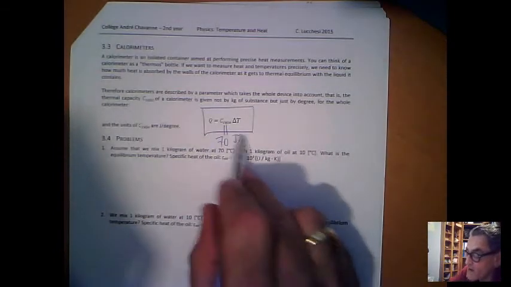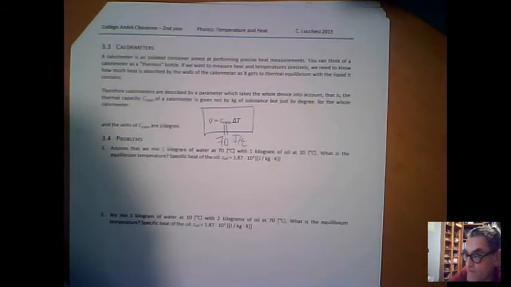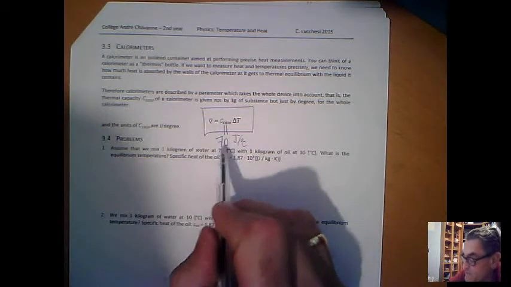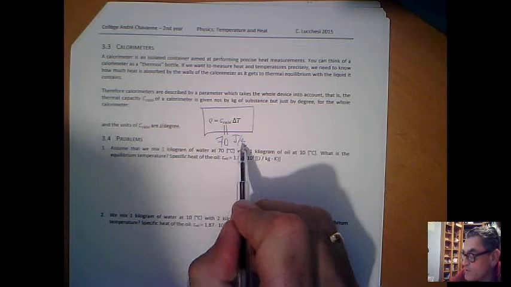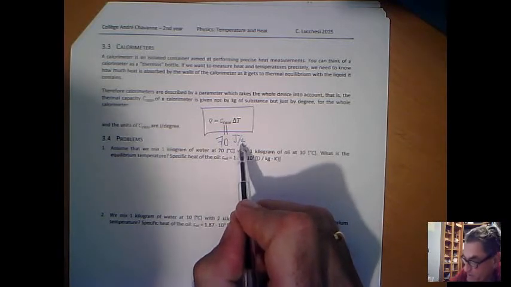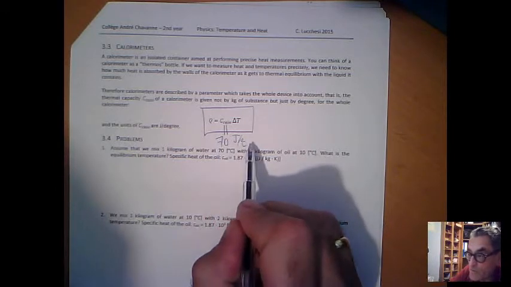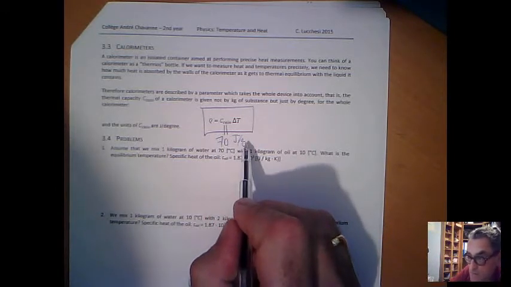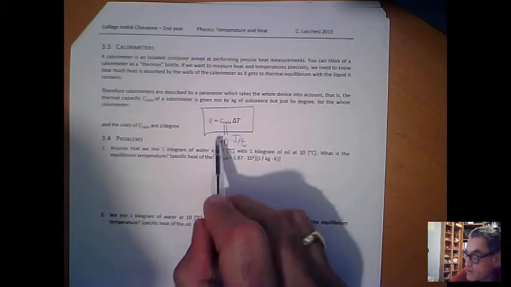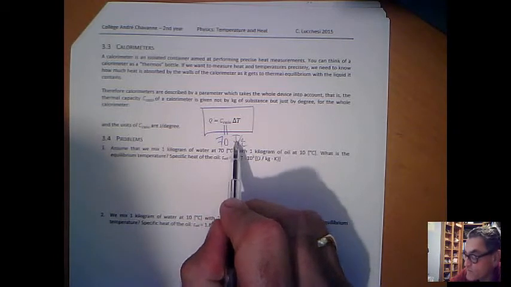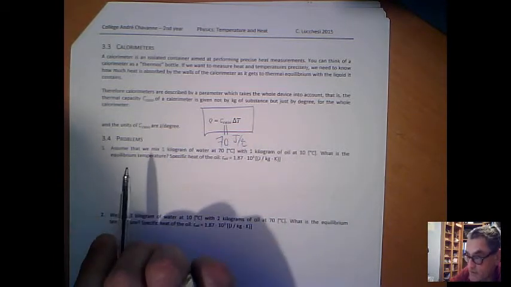That's the value for the calorimeters we have in the classes at André Chavannes. So every time you want to heat up the content of a calorimeter by 1 degree, you need to heat up also the container, okay? And this takes you 70 joules per degree.